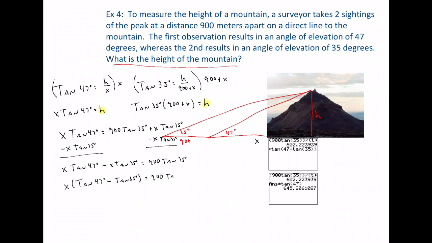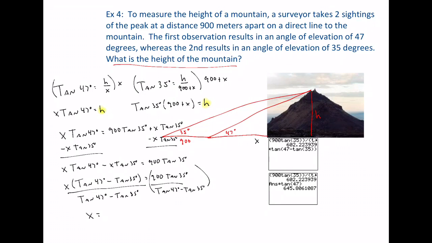And now that we have x by itself multiplied by something, we can divide by that entire quantity, tangent of 47 degrees minus tangent of 35 degrees, on both sides. And so we have x is equal to that whole thing.